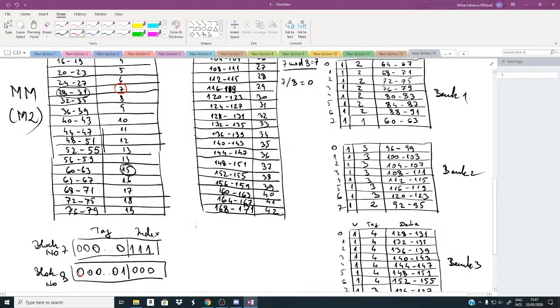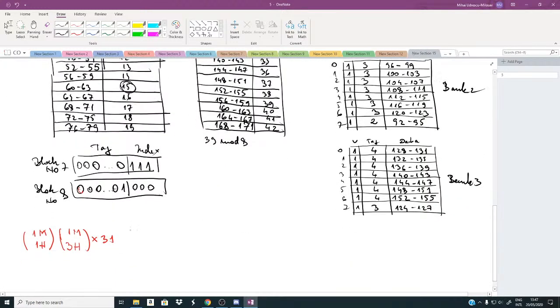So 39 modulo 8, because it is a miss, right? So 156 is a miss. It's one miss.